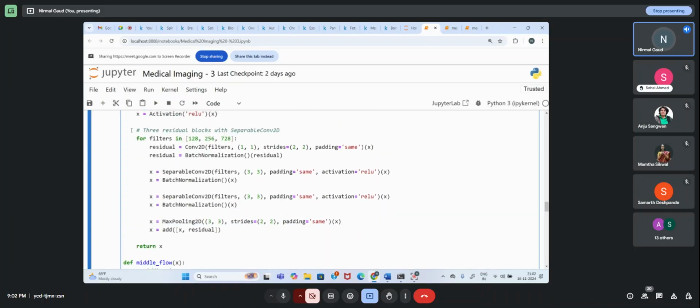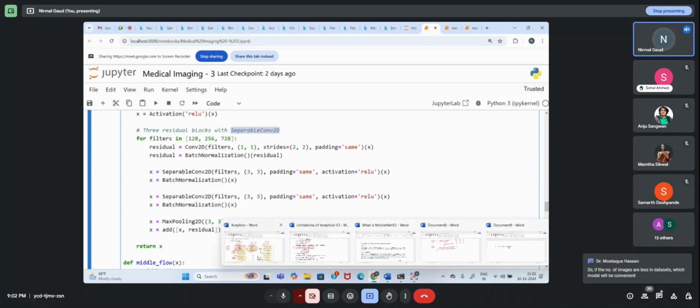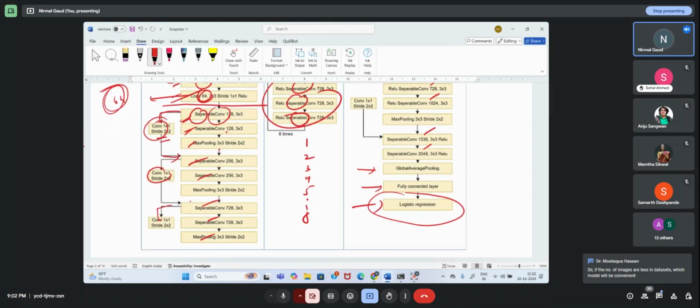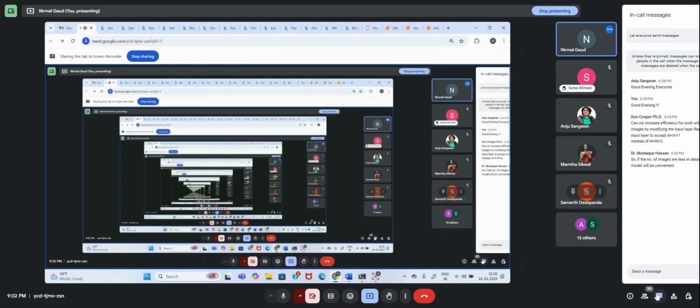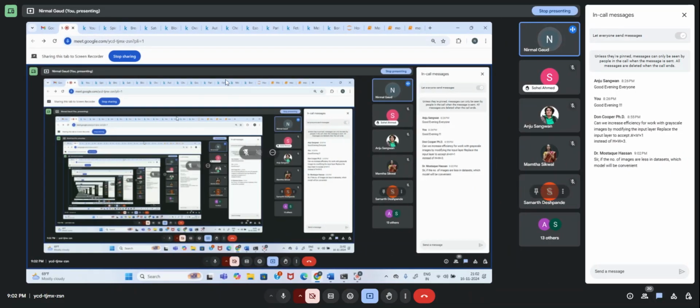After that, you are having three residual blocks which are of separable convolution. See, here also we are having three residual blocks. This is one residual block, this is another residual block, this is another residual block. Three residual blocks for separable convolution. That's what we are having. Okay, fine. If the number of images in the dataset is less, the model is overfitting.